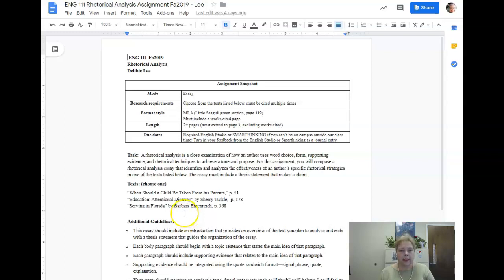I've given you instruction in how to find the actual point that each one of these authors is making, and I've given you some examples of rhetorical devices used in both of these. So I hope that is helpful to you.